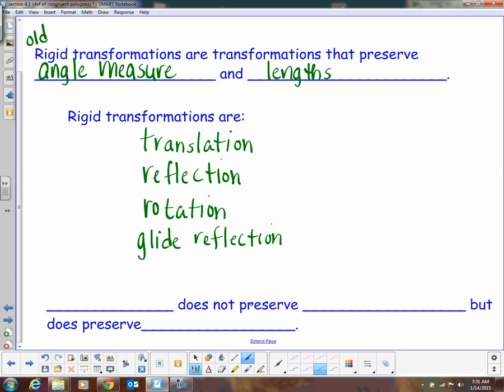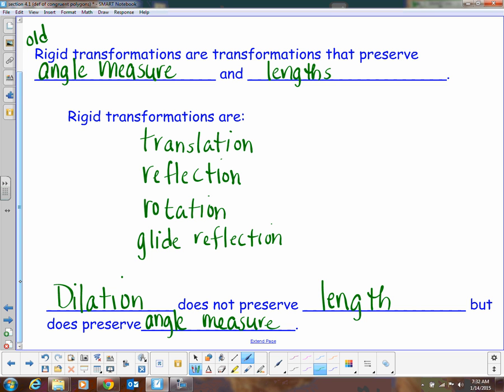Which one does not preserve? What's our other one? You had to do it on your last project. Dilation. A dilation does not preserve length, but what does it preserve? Angle measure. Okay, dilations do not preserve length. They preserve angle measure. So there's a blast from the past.